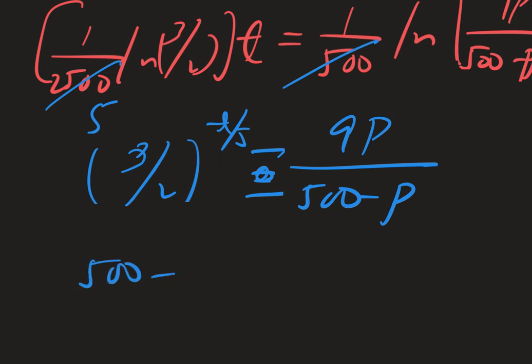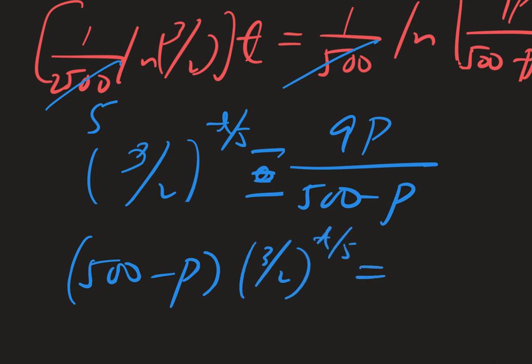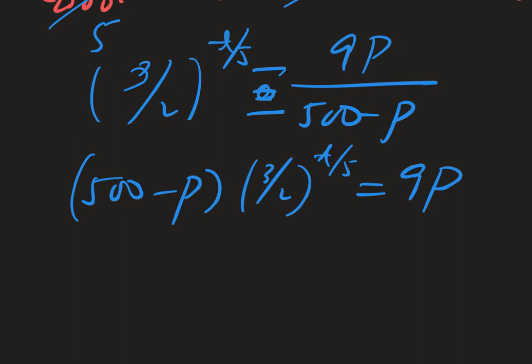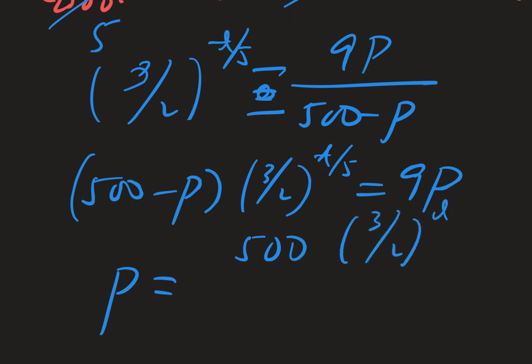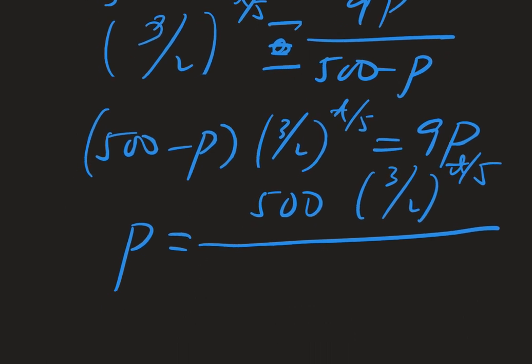So 500 minus p, 3 over 2 t over 5 to the power, 9p. So your p becomes, in a simple way of course, 500 times 3 over 2 t over 5 to the power, divided by 9 plus 3 over 2 t over 5.